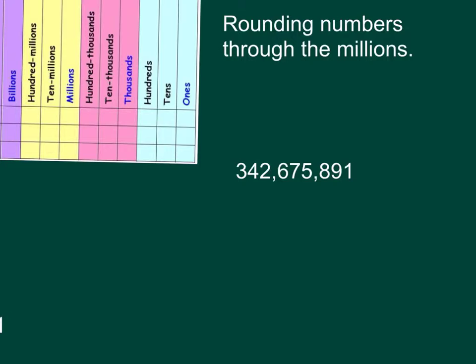The first thing we would want to do is find out which of our digits is in the place we are rounding to. So an easy way of doing that is just go ahead and rewrite this number up here in our place value chart. So we have 342,675,891.